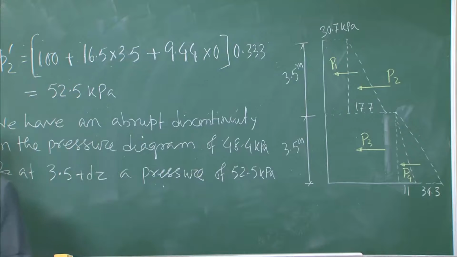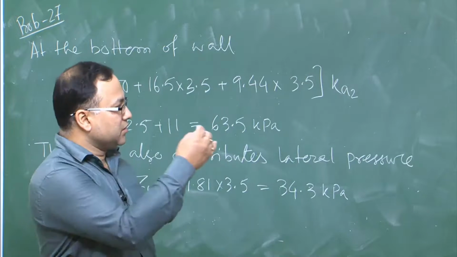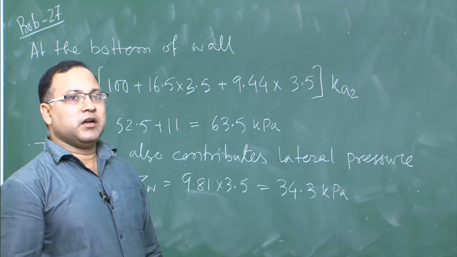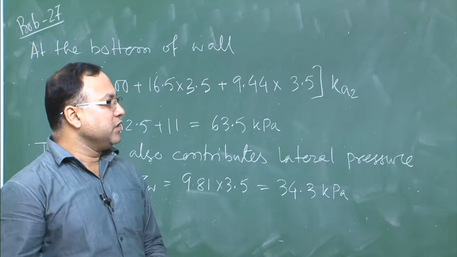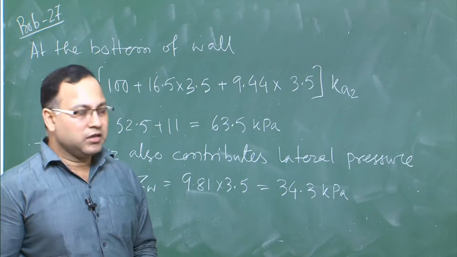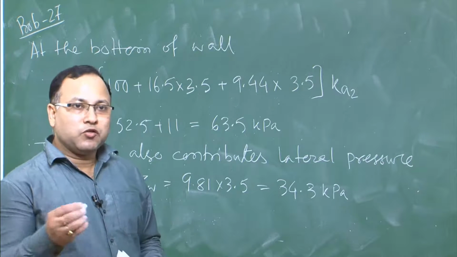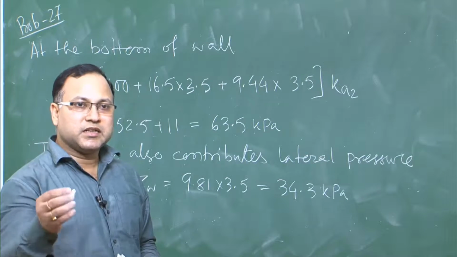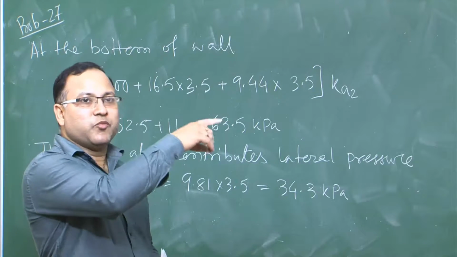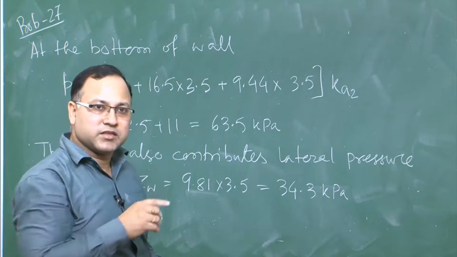So, if I find P1, P2, P3 and P4 from the areas of this diagram, then the summation of P1, P2, P3 and P4 will be the total thrust acting on the wall, and if I want to find the point of application of that resultant force, then we have to get the individual points of application of those forces, right.